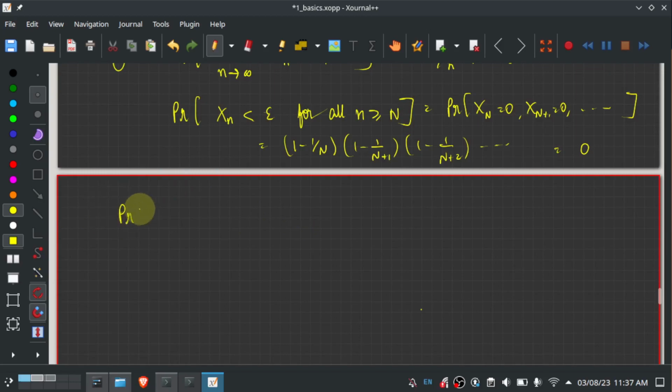Now suppose that the probability that xn equal to 1 is e to the minus n, and the probability that xn equal to 0 is 1 minus e to the minus n.